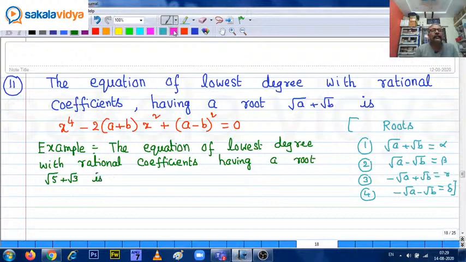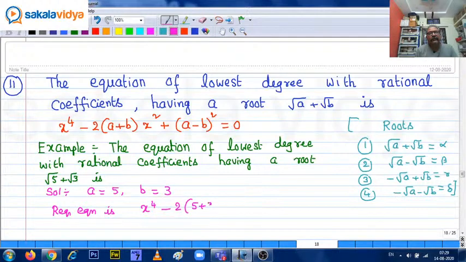So now let us proceed for the solution. Here it is in the form of root a plus root b. Here a equals 5, b equals 3. So the required equation is x to the power of 4 minus 2 times 5 plus 3 of x square plus 5 minus 3 whole square equals 0.